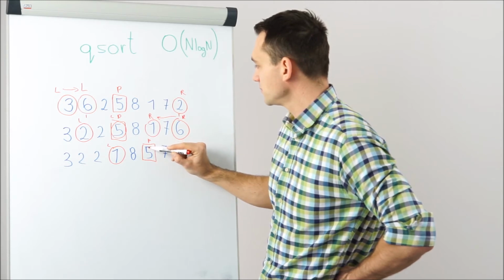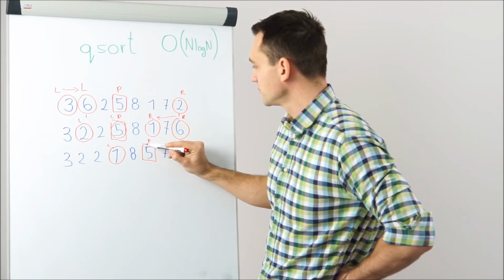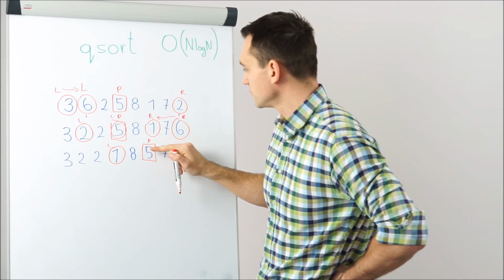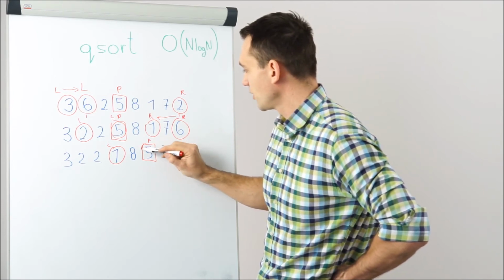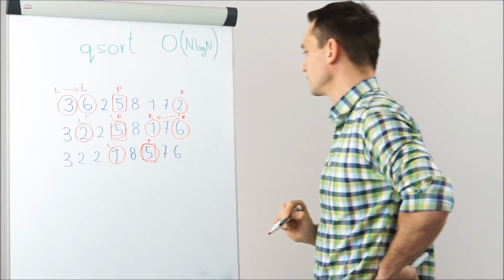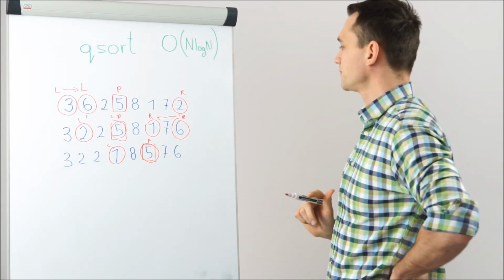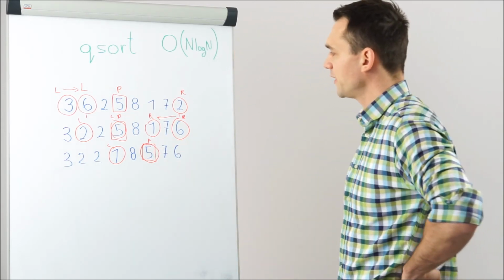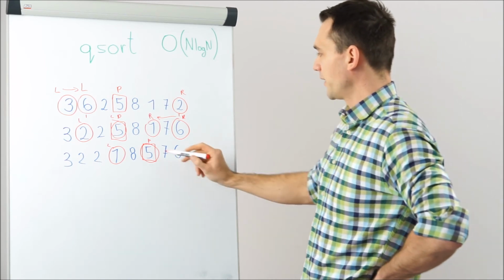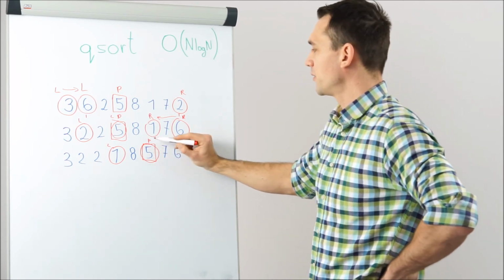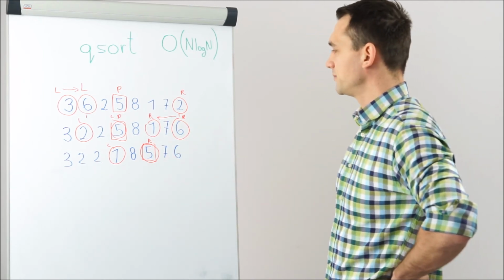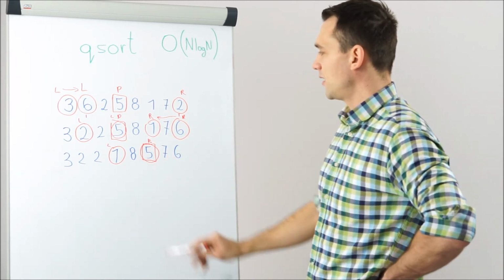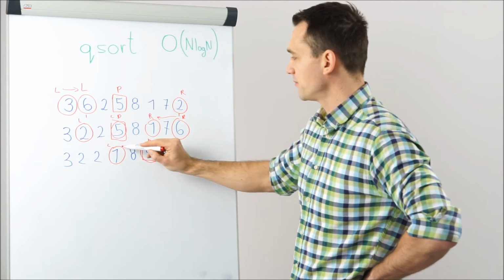we are here. So if we are here on 5, we can't move forward because our right pointer points to the pivot element. Yeah, but we can move our left pointer.